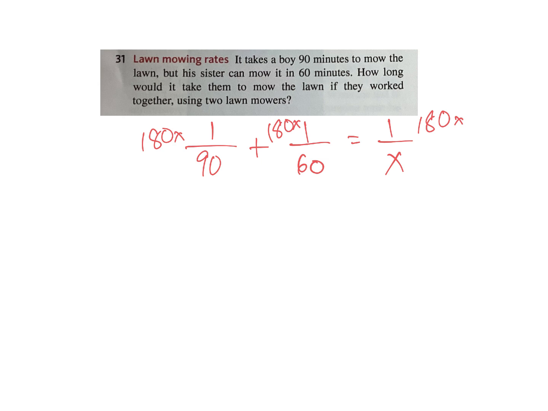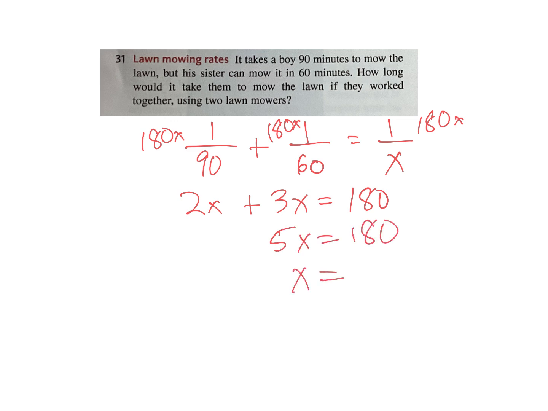So up top, we're going to get 2x here. 60 goes into 180 3 times, that's 3x. The x is reduced and we get 180 on the right side. So 5x equals 180. Divide off the 5 is 36. So it takes 36 minutes for them both to do it together. That's what the plus is here, together.